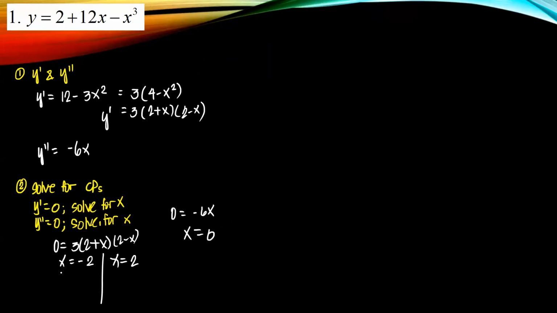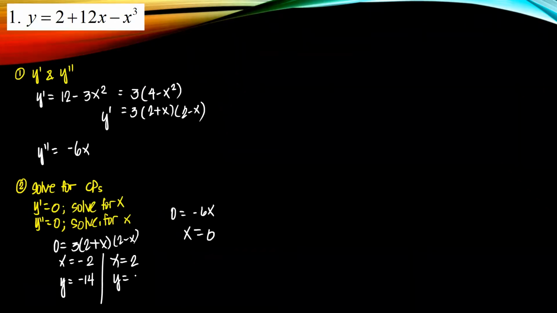So, if x is negative 2, what is y equal to? How do you get y? Look back on top, the original equation. What is y equal to? Can you solve? 2 minus 24 is negative 22 plus 8. Guys, what's negative 22 plus 8? Negative 14. What about this one? 2 plus 24 is 26 minus 8.